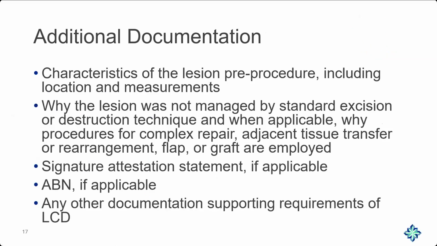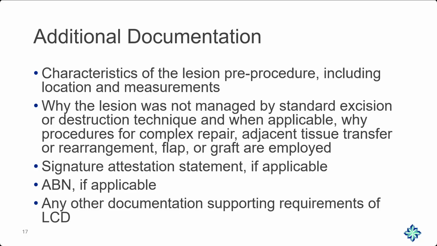Besides the actual components of documentation, we also need the indications listed in these components. And that includes things like the characteristics of the lesion before the procedure, including the location and the measurements before the procedure is performed. We need to also see why the lesion was not managed by standard excision or destruction technique when applicable.